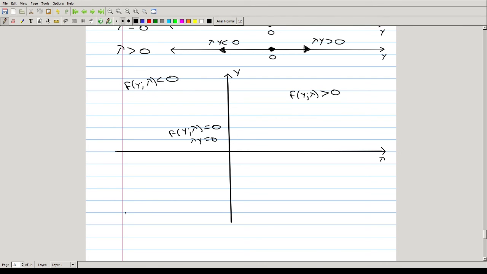In this quadrant, f of y lambda is positive, and in this quadrant, f of y lambda is negative. And if you want, you can visualize the phase lines from before as being any fixed value of lambda.